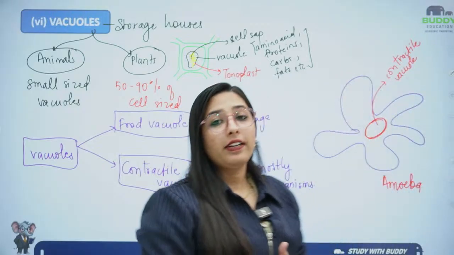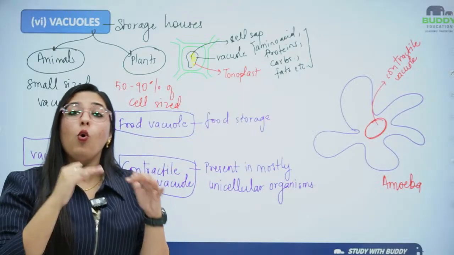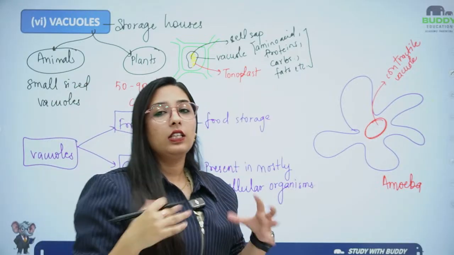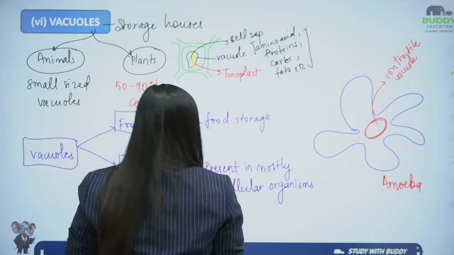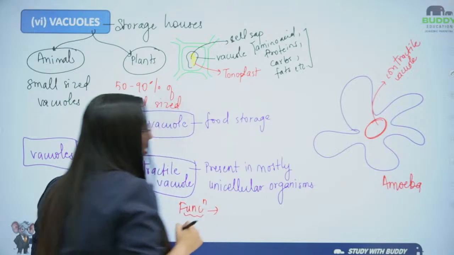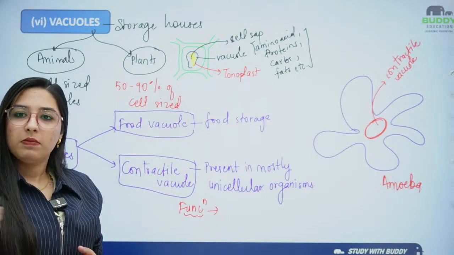This contractile vacuole is not only responsible for storing food. It is also responsible for other things, because obviously this is a specialized mechanism that unicellular organisms have.